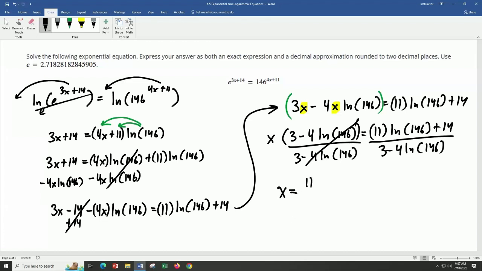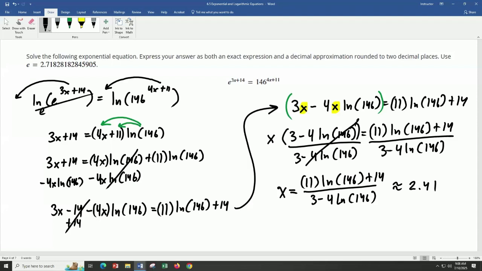Well, it's equal to 11 natural log of 146 plus 14, all divided by 3 minus 4 ln 146, which can be put in your calculator very easily using your little fraction key. But when you do that, you're going to get 2.41. And there you go.